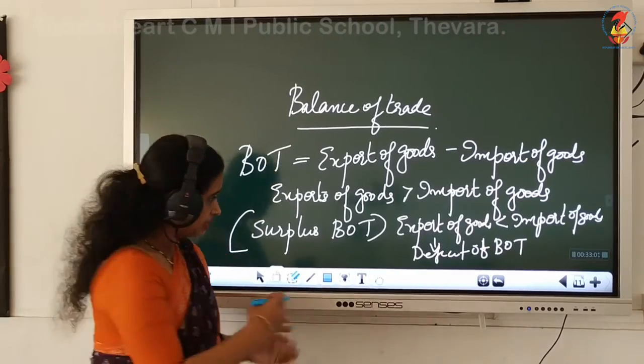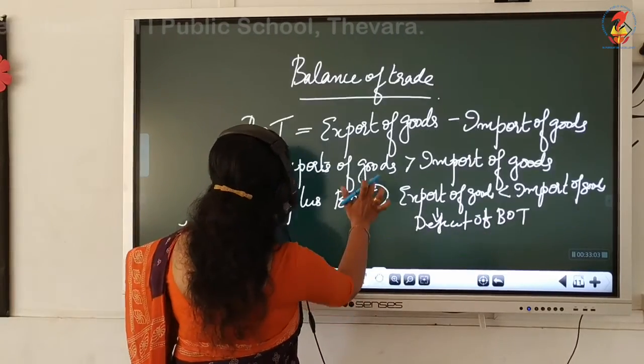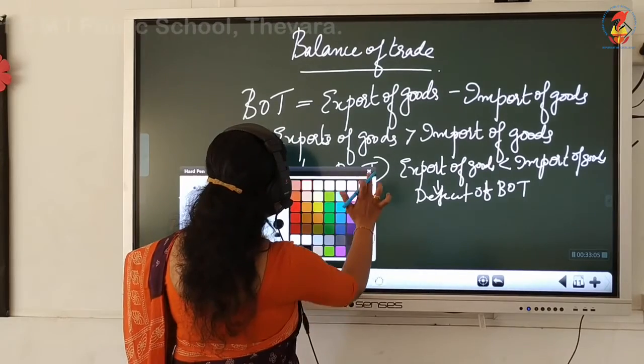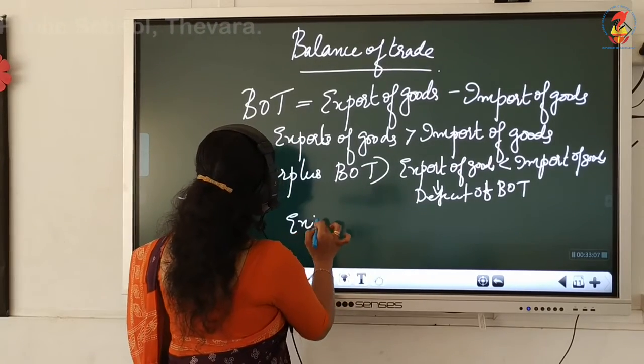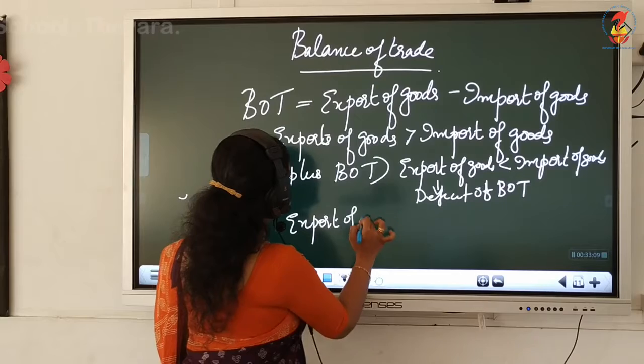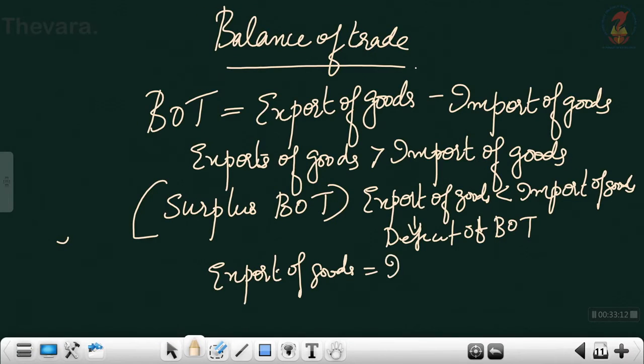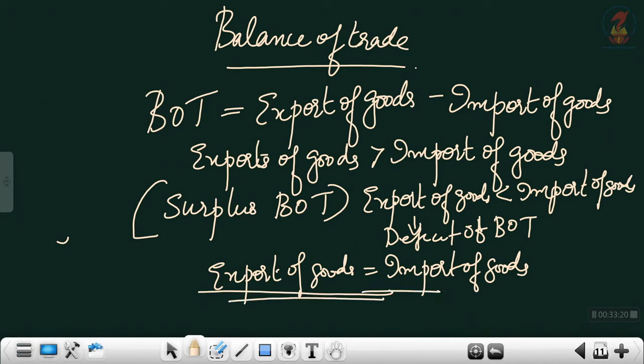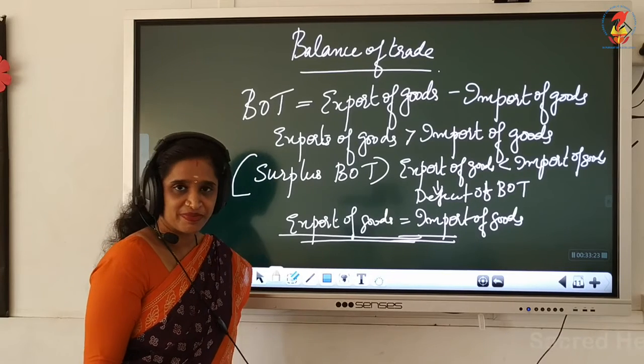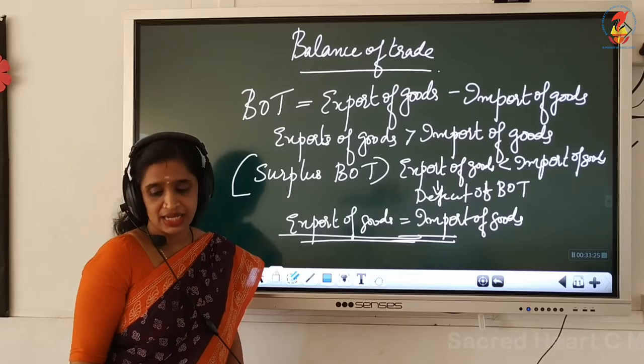Now, sometimes export and import will be the same. Export of goods may be equal to import of goods. Therefore, we can say there is a balance of trade. There is a balance in the trade of visible items. Balance of trade or trade balance.